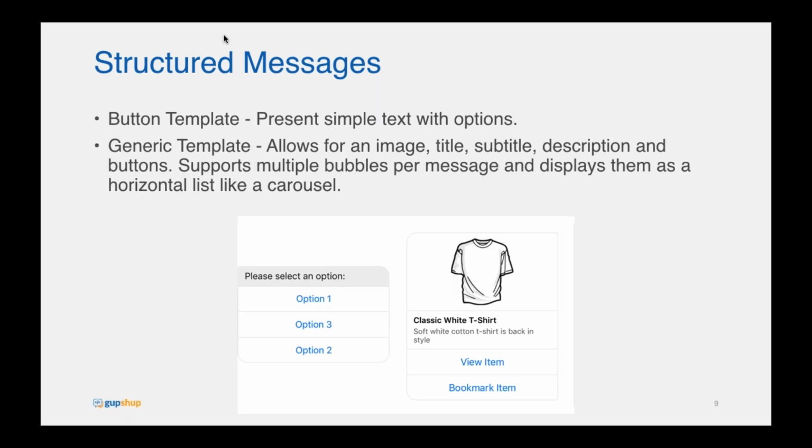But structured messages are a way where you're giving the user less room for error, and you're giving the user more context, and you don't need an over-reliance on natural language processing or anything. Which is why Facebook is gung-ho about the whole structured messages concept. We'll talk about it and show you a demo later in the webinar as well.